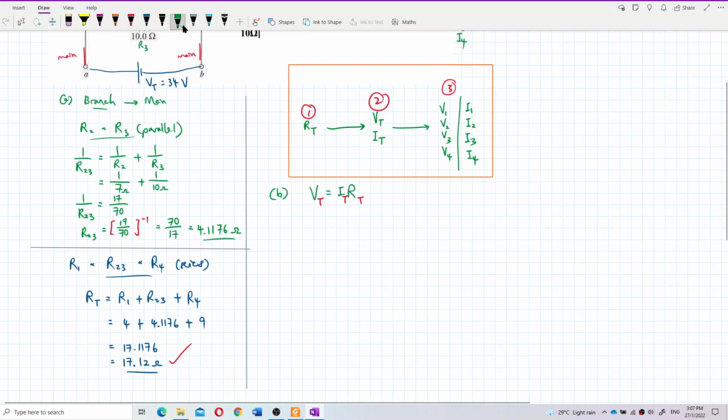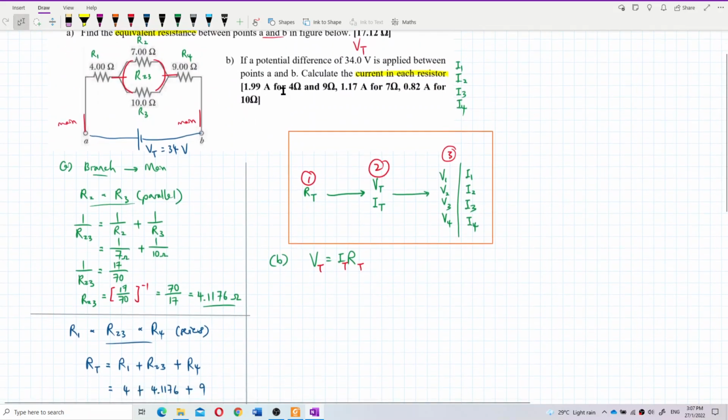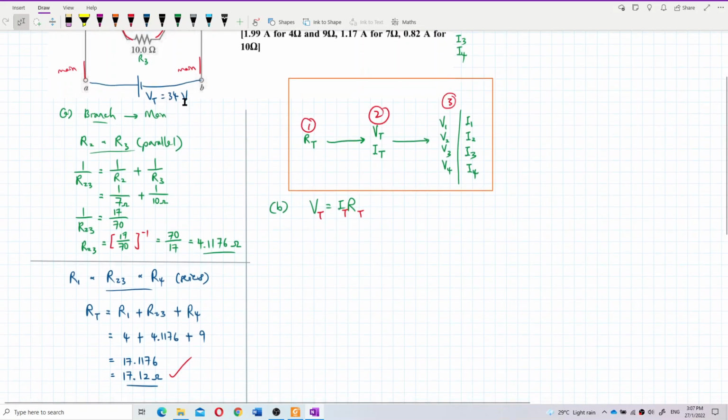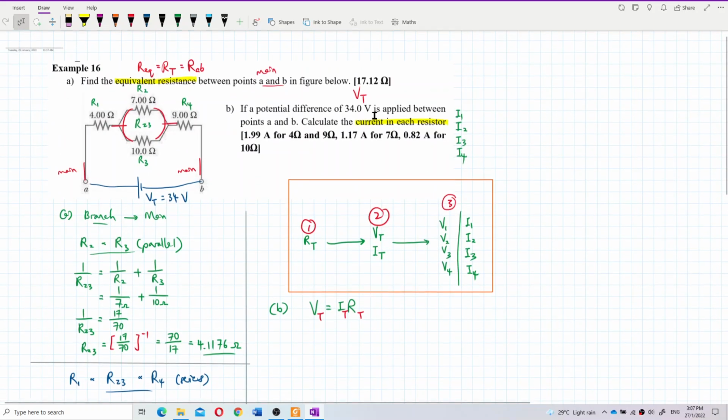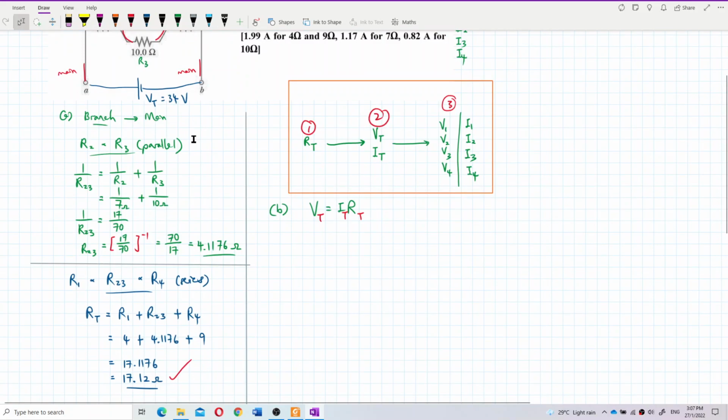My total voltage given is 34 volt applied across A and B, right? That's the total voltage, 34 volt. The total resistance is 17.12 ohm. So what's my total current? 34 divided by 17.12.